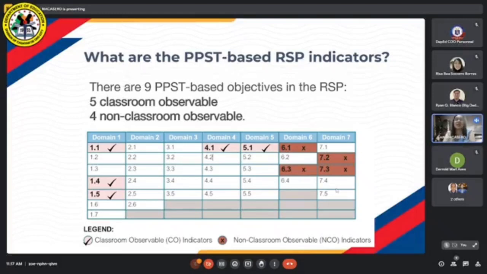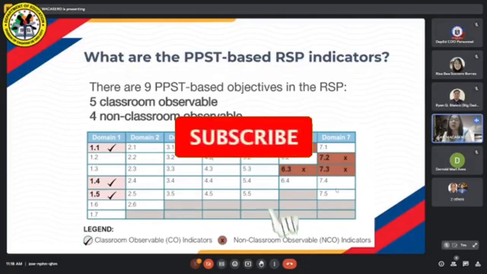You have 7 domains in the PPST: 3 from domain 1, which are 1.1, 1.4, 1.5, and then 4.1 in domain 4, and 5.1 in domain 5. So that is 5. For the non-classroom observable, there are 4, which are 2 from domain 6 and 2 from domain 7: 6.1, 6.3, 7.2, and 7.3.